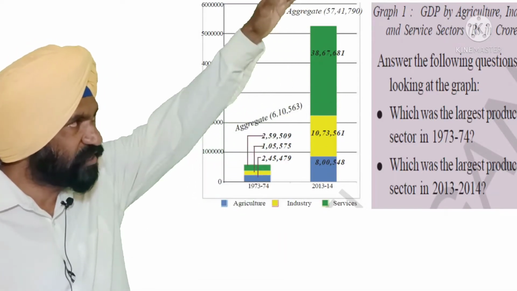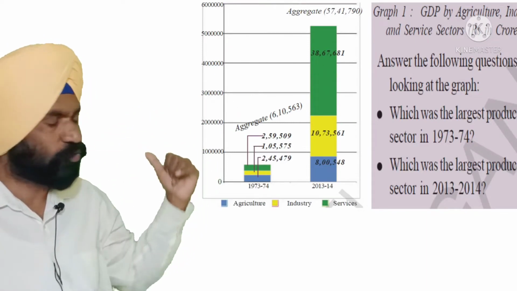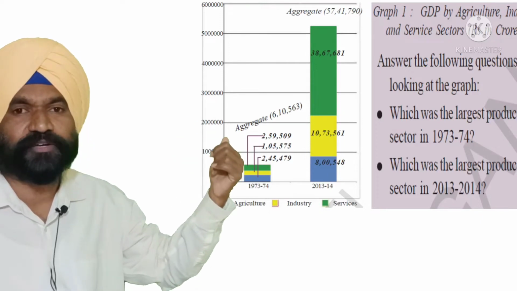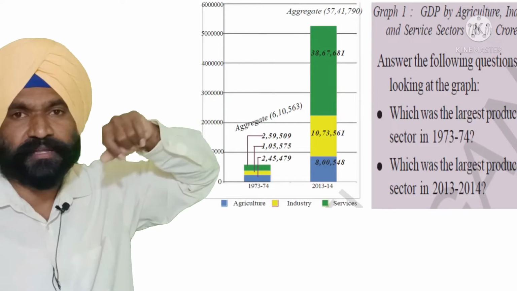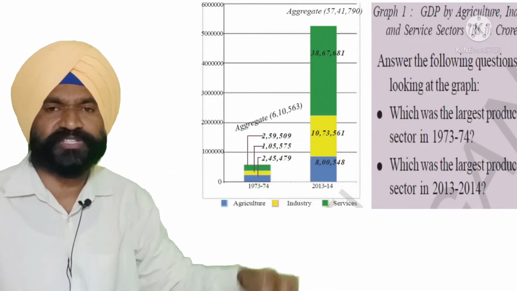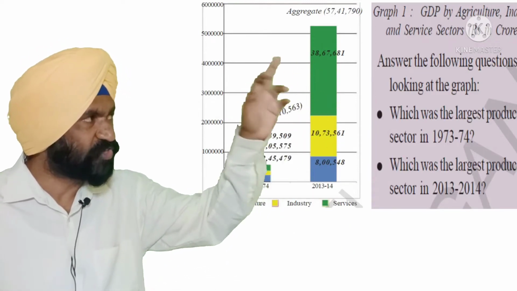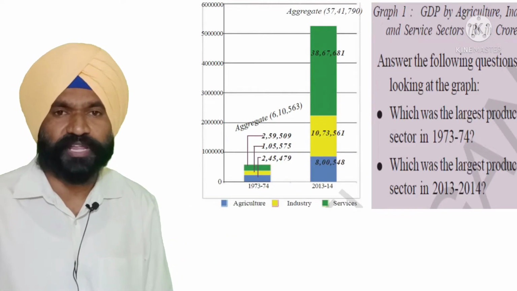And you see there is a tremendous growth in the service sector. In 1973-74, the service sector gave 2 lakhs 59,509. Now it has tremendously grown here. You see, it is roundabout 38 lakhs 67,681. This is the part of GDP from the service sector in the year 2013-14.